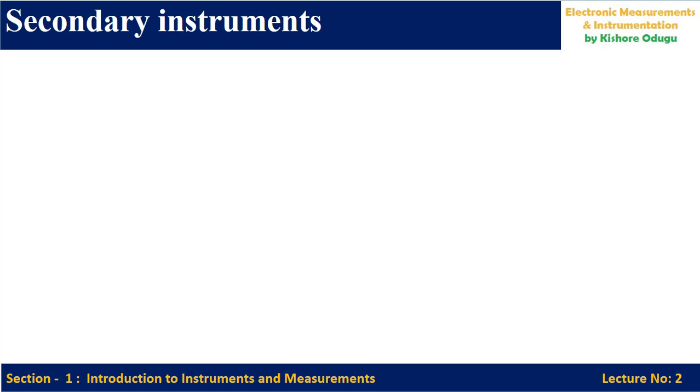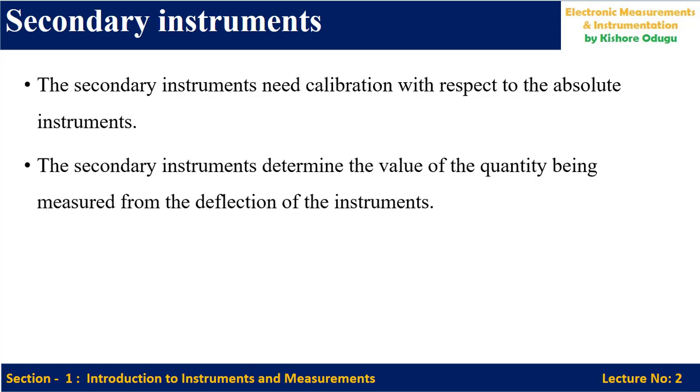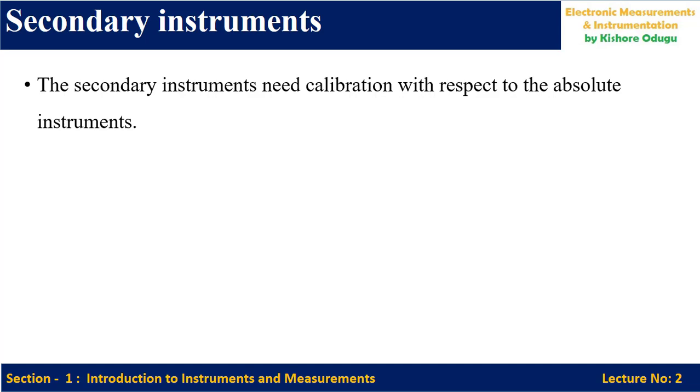Secondary instruments are the instruments which are compared with the standard units. Secondary instruments need calibration with respect to absolute instruments. As I told you, absolute or standard instruments set the standard value or unit.